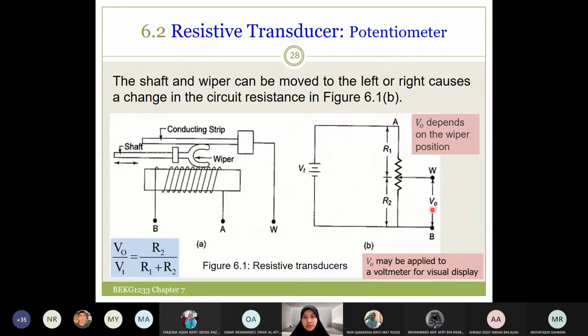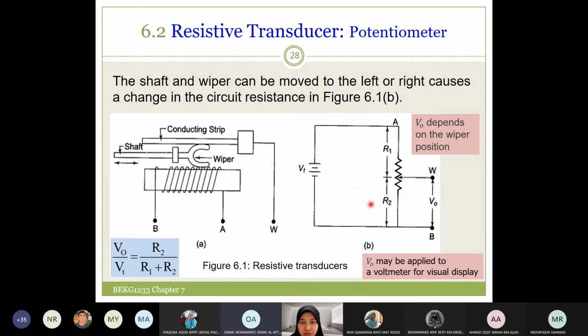So we connect this V out to a voltmeter to measure the voltage. If we transform this potentiometer circuit into this, what can you conclude of this diagram? What can you relate diagram B with?